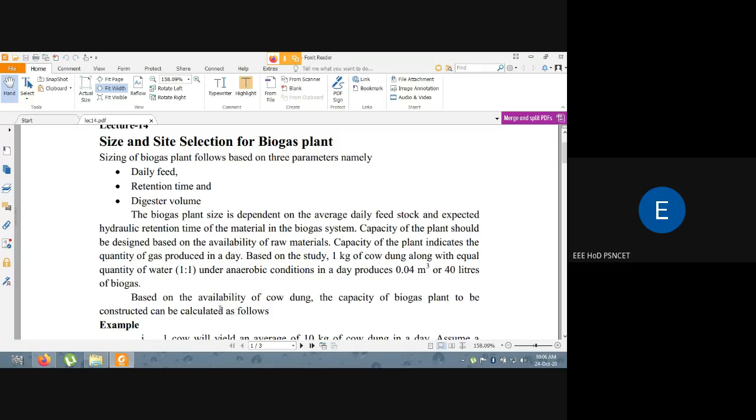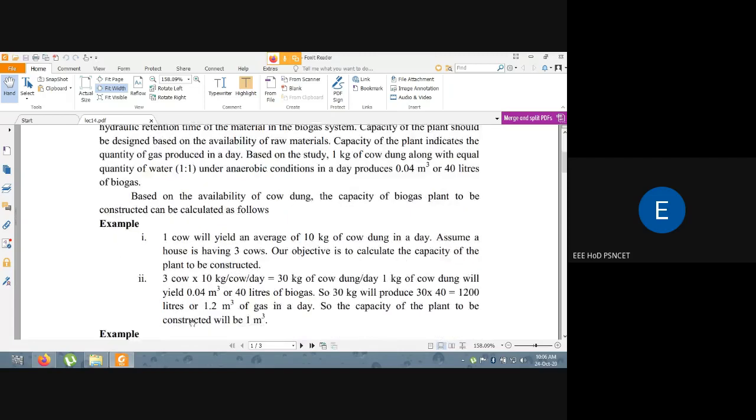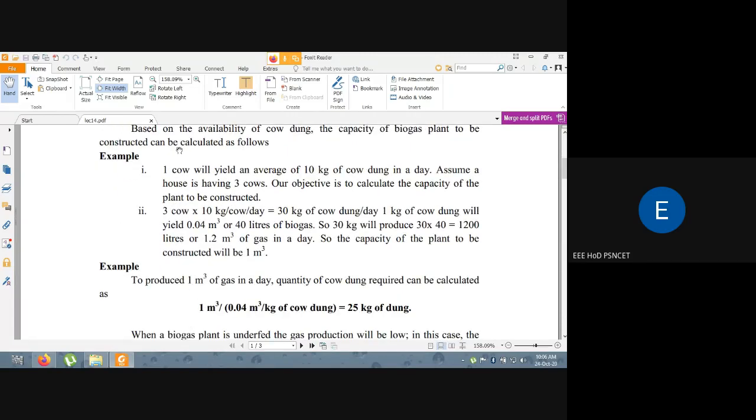There is a calculation. For example, one cow will yield an average of 10 kilograms of cow dung in a day. Say we have three cows. How can we find out the capacity of the biogas plant to be constructed? This is the question.